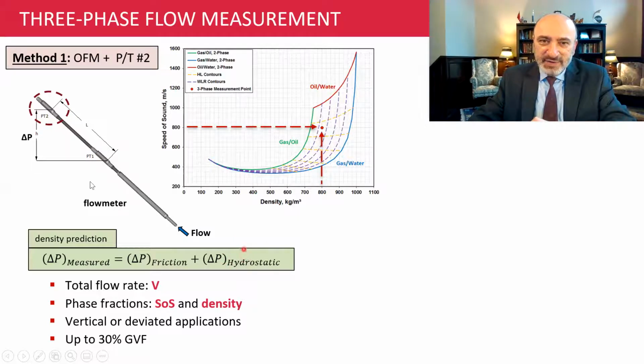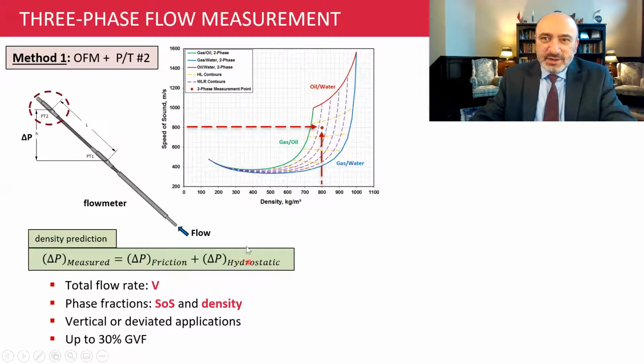Having a vertical distance guarantees that I have a hydrostatic pressure, which is basically the weight of the fluid between these 2 points. Having 2 separate points also guarantees that I have a frictional pressure as well. So that differential pressure is used to beat the frictional loss and the hydrostatic pressure, the weight of the fluid.